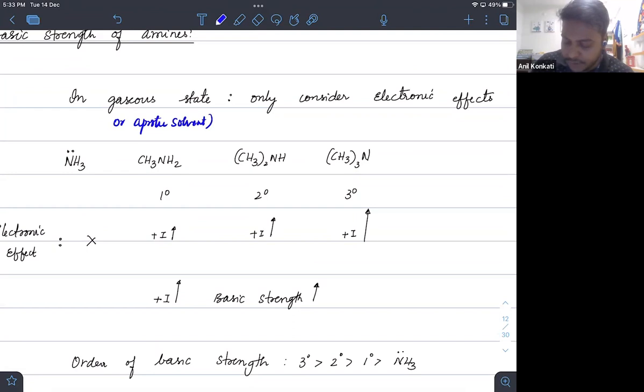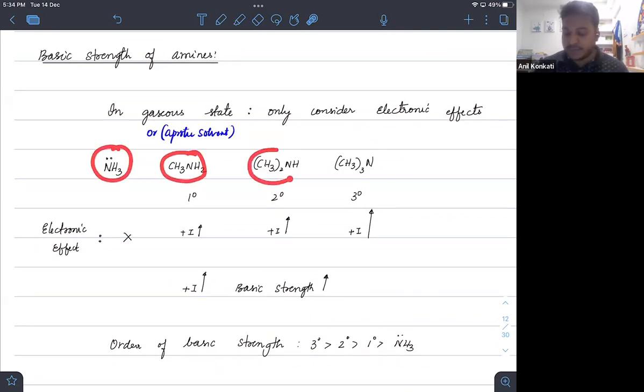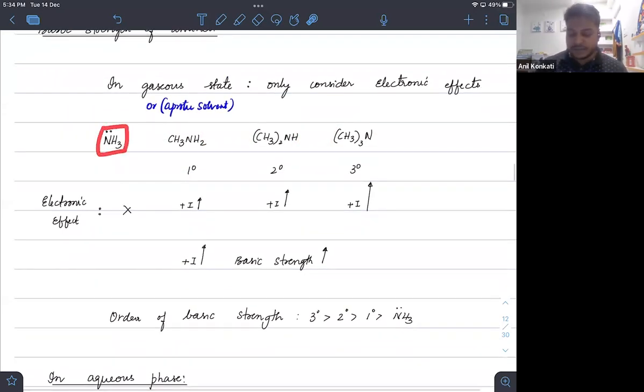we will have a similar type of nature. So here we should only consider electronic effects and no other effects for describing the basic character. So if you look at it, ammonia, primary amine, secondary amine, tertiary amines. Electronic effects are absent in ammonia.